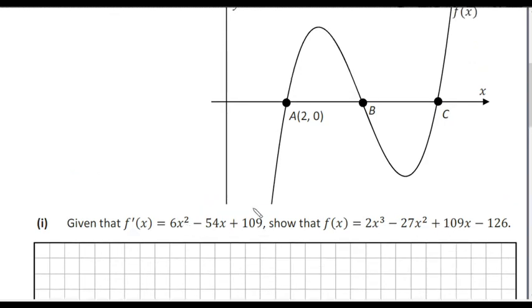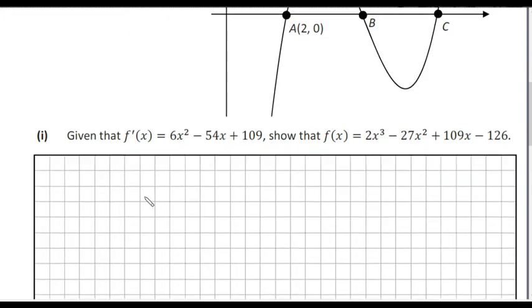So we're given the derivative, and we're asked to find the original function. So if we're given the derivative, to get the original function, we've got to do the opposite of differentiating. We're going to have to integrate this. So f of x here is going to be found by integrating the first derivative.